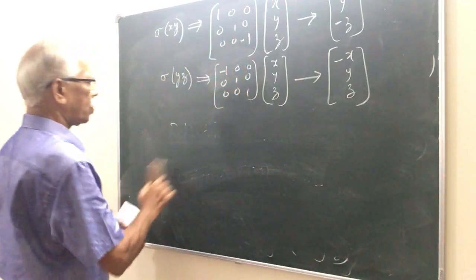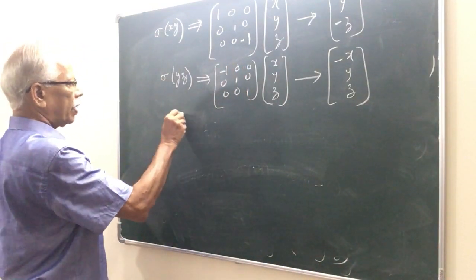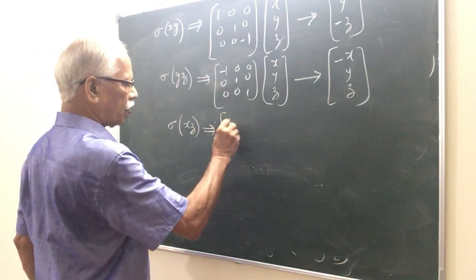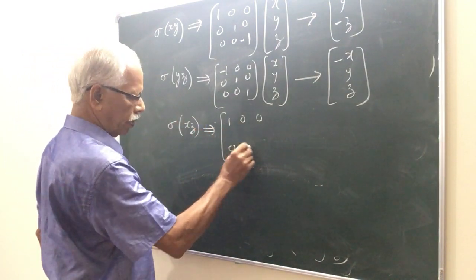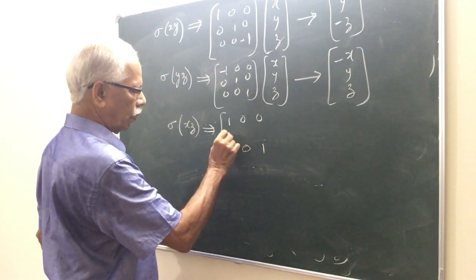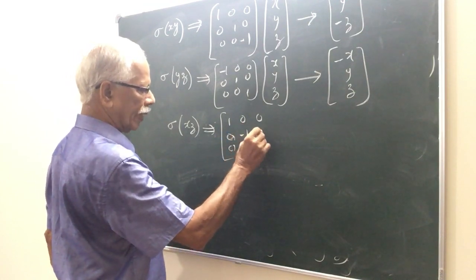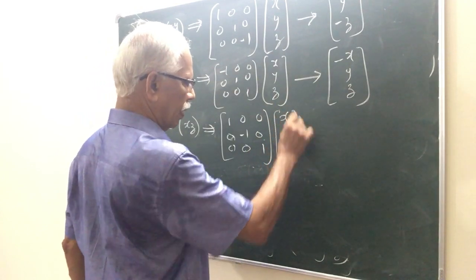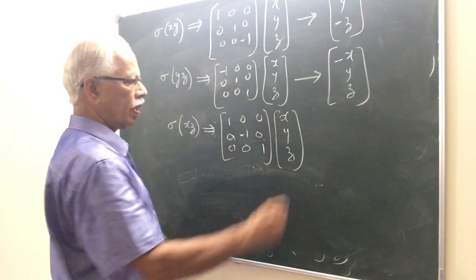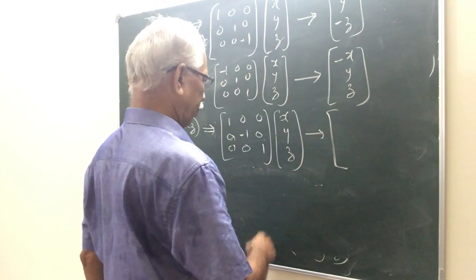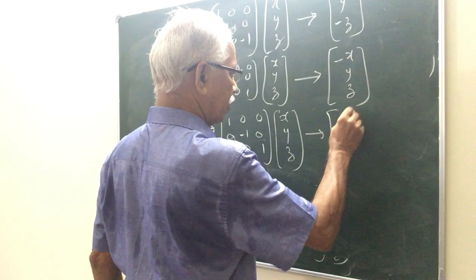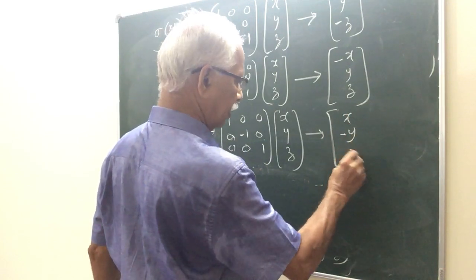The third matrix equation representing xz reflection: x will not change nor the z, y will change to minus of it. So it is x, y, z on multiplying with this matrix will give x, minus y, z.